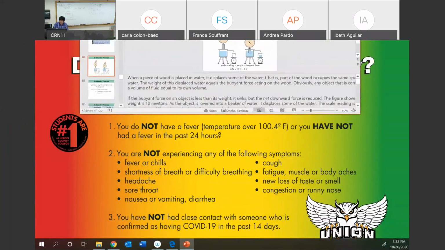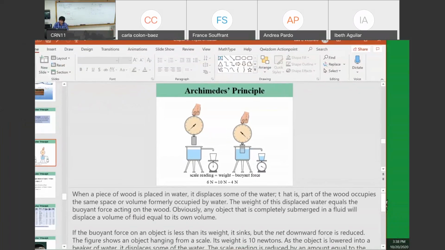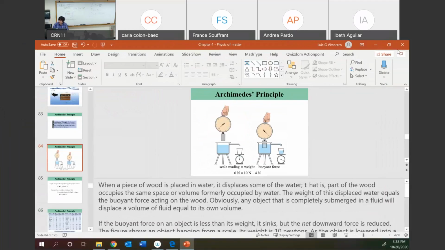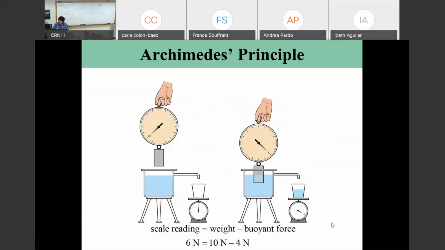So, there, right? When you introduce an object, like you see there, part of the liquid is going to go to the next glass.